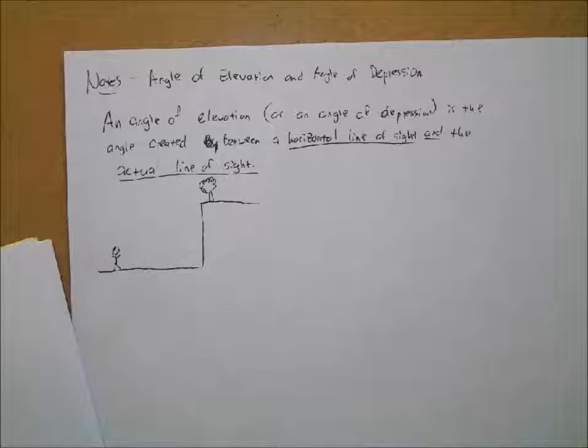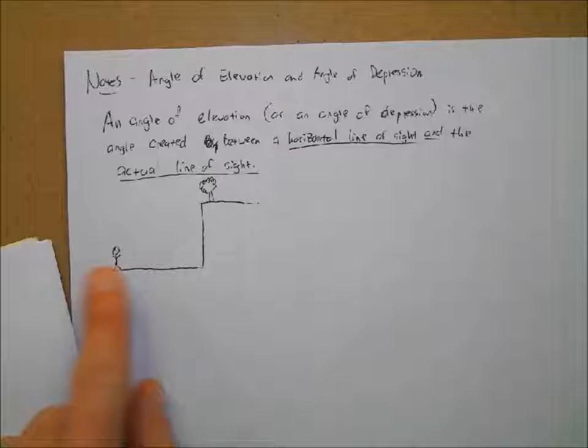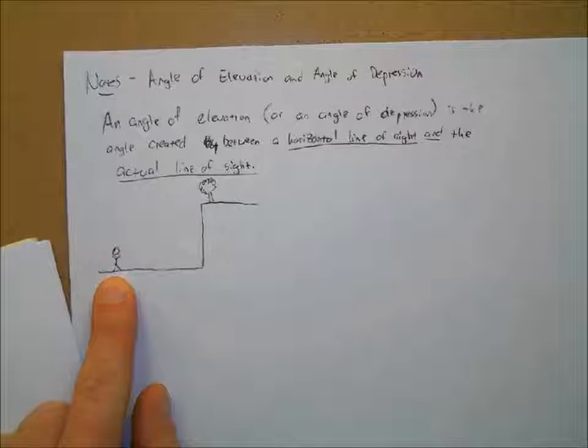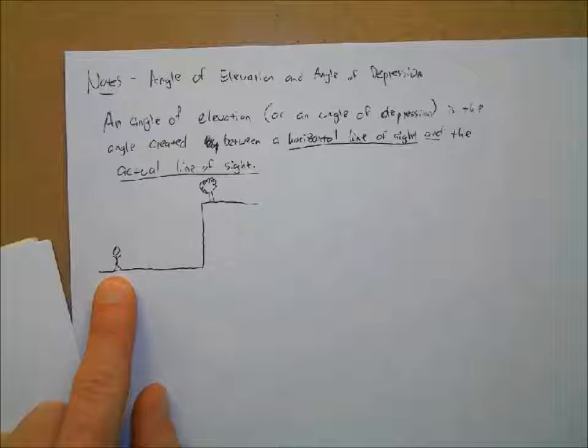Since our observer is this person right here, are we talking about an angle of elevation or an angle of depression? It's an angle of elevation, right? They're looking up.